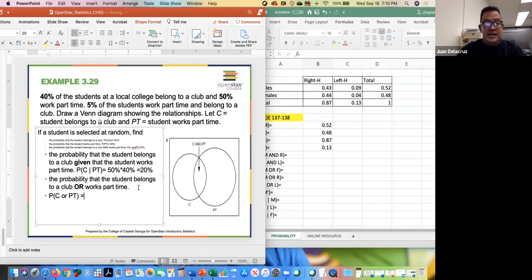So once again, we are going to use the addition rule because those are two events.